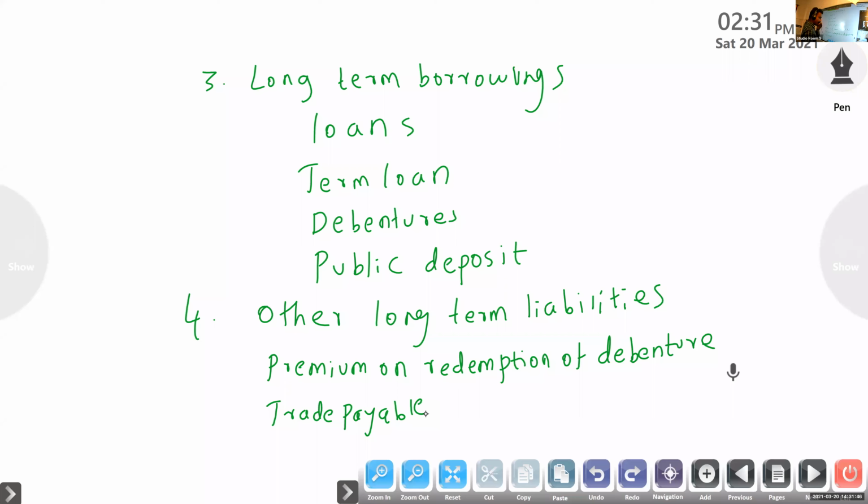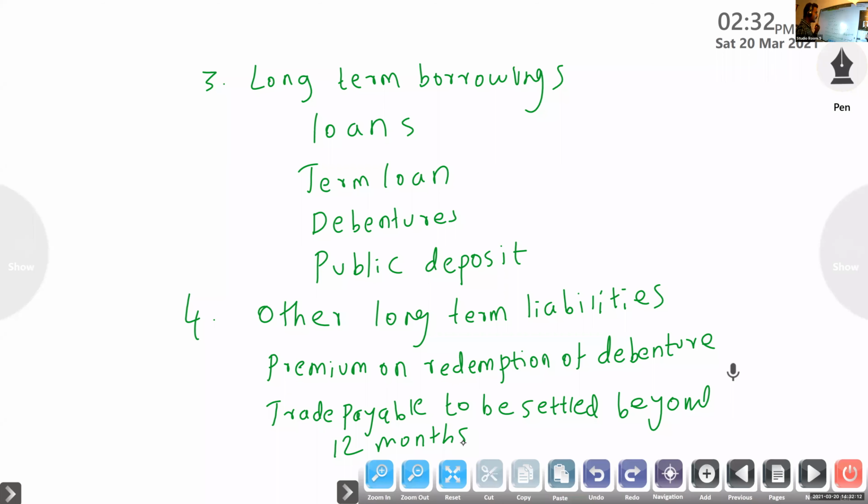We know that trade payables are current liabilities only. But if they are given to be settled beyond 12 months, what do you mean by beyond 12 months? Trade payable means within 12 months. Current liability means the liability payable within a year.